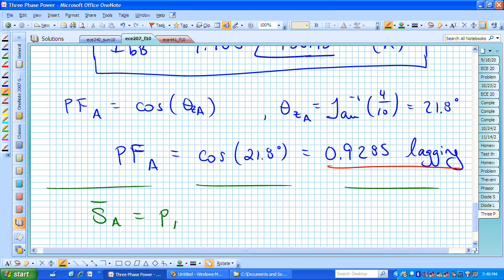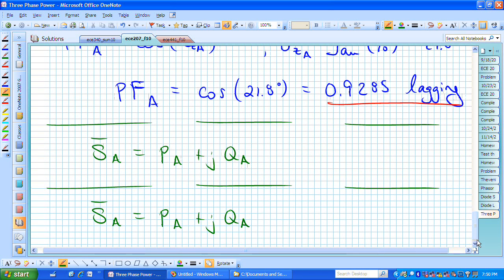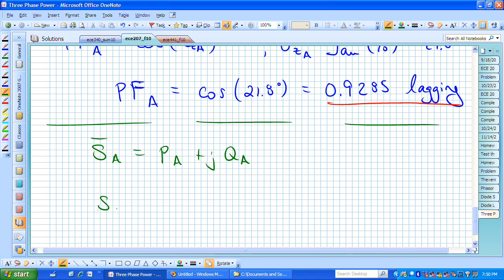We're now in a position to find the load power, complex load power for phase A. There are several different ways of looking at that, but we know that if we knew the load voltage, the voltage dropped across Z sub A, we could multiply that by the current through that load, in its conjugate. And the current through that load is just the A phase line current. Well, we haven't yet calculated the voltage dropped across that. Let's just do it symbolically.